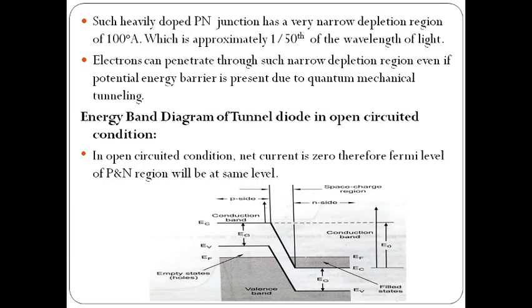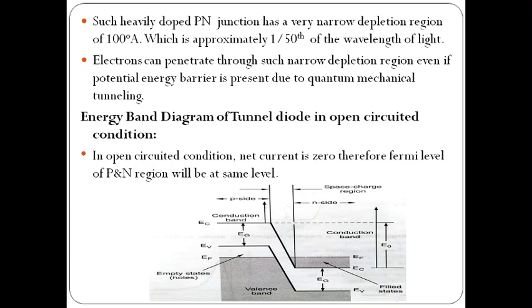So there are no filled states on one side of the junction which are at the same energy as empty allowed states on the other side. Hence, at open circuit condition, there can be no flow of charge carriers across the junction. Therefore, the current becomes 0.